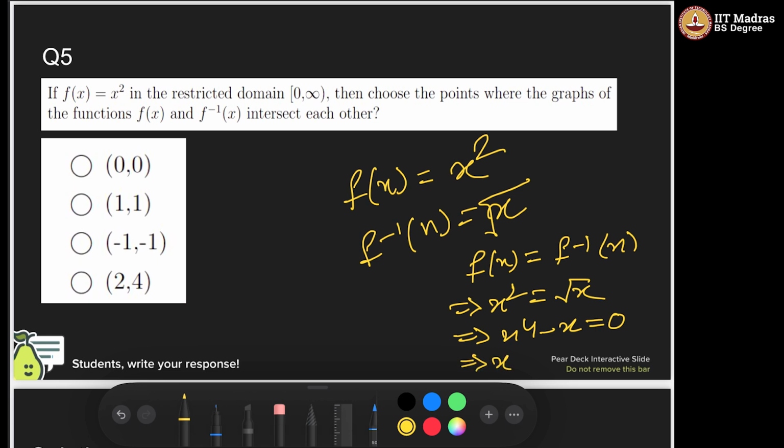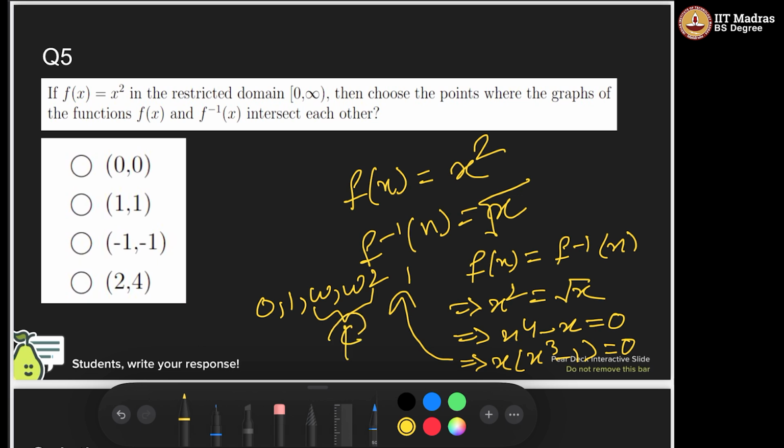We can take x common, then we get x cube minus 1 equals 0. So the roots are 0, 1, omega and omega square. Omega and omega square are complex numbers, so these are not real roots. We only have two real roots, which are 0 and 1.